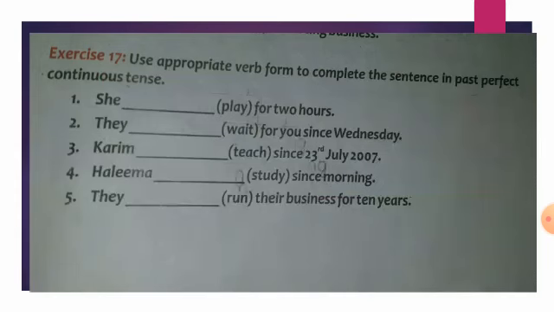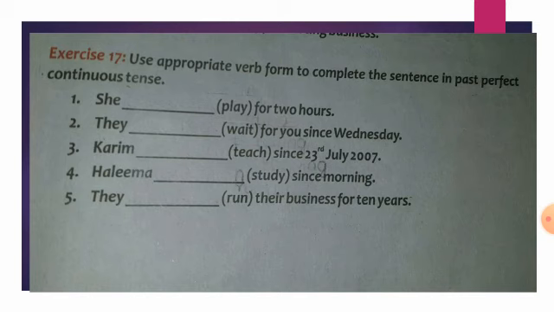Now exercise number 17. Use appropriate verb form to complete the sentence in past perfect continuous tense. You have to make an appropriate verb and you have to add helping verb to make it a past perfect continuous tense. For example, she had been playing for 2 hours.